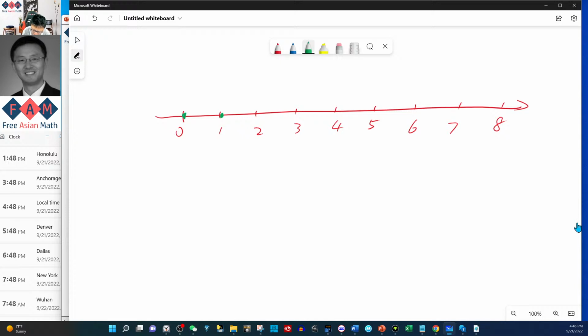So now we see that the distance between 1 and 2 must be exactly the same as between 1 and 0, which by the way, we call the unit. And from that point on, we can continue this process. We get another unique point. We mark that point as 3, another point 4, and so on.